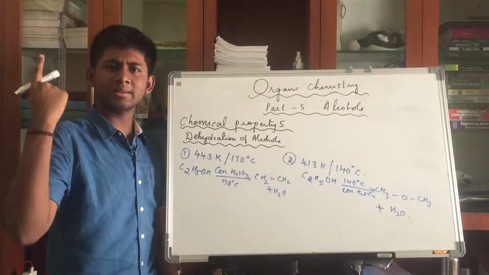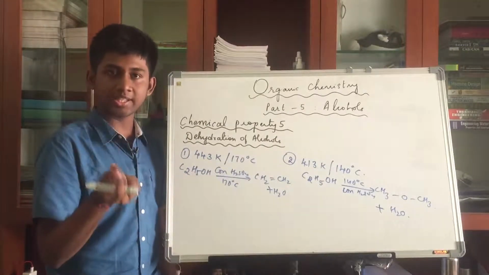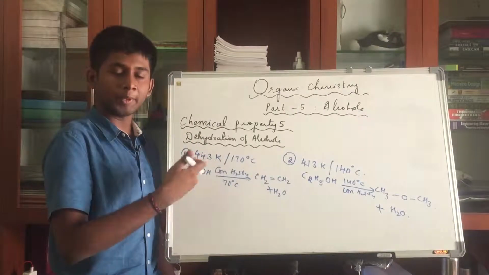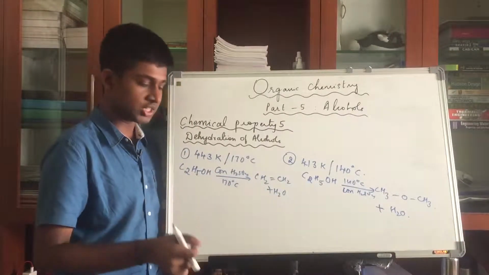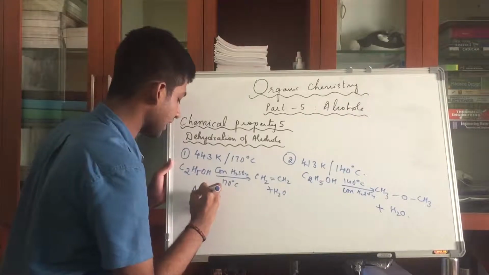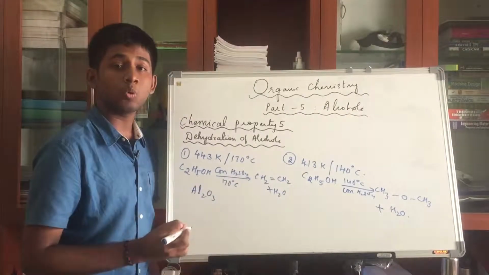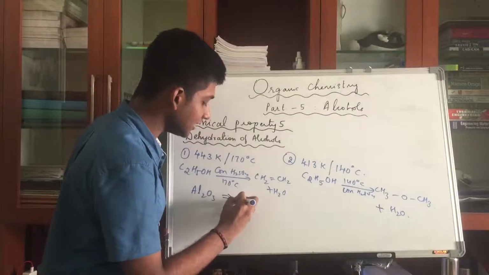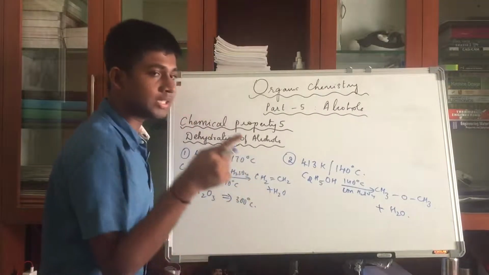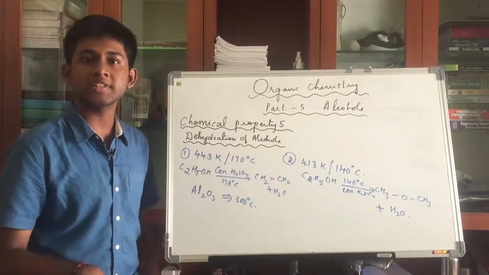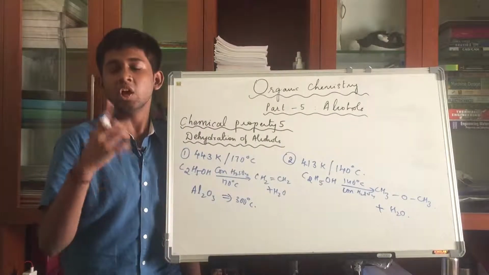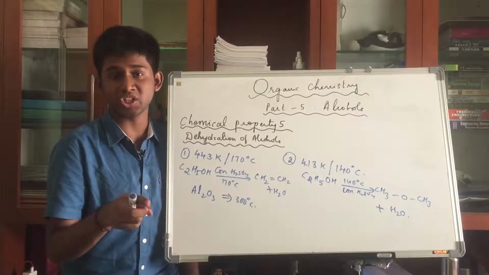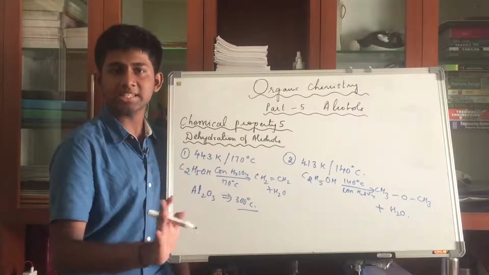In the preparation of alkenes itself, we would have discussed one more way in which you prepare an alkene, which is a chemical property of alcohol via dehydration: making use of Al2O3. Al2O3 is aluminium oxide or alumina. The temperature is actually 300 degrees Celsius, because in this text under alcohols they would have given the temperature as 350 degrees Celsius, while under the preparation of alkenes they would have given 300 degrees Celsius. But 300 degrees Celsius is the correct one.